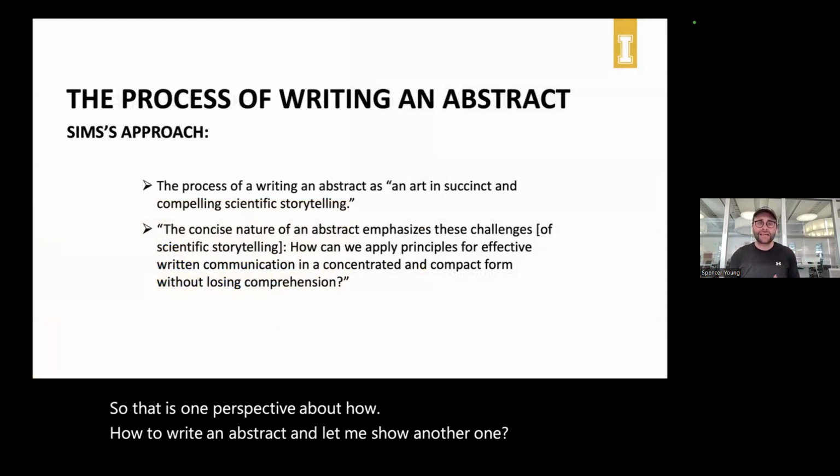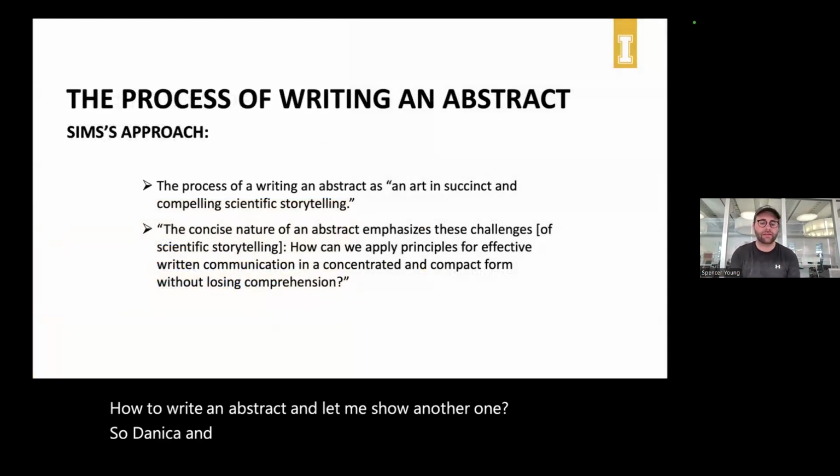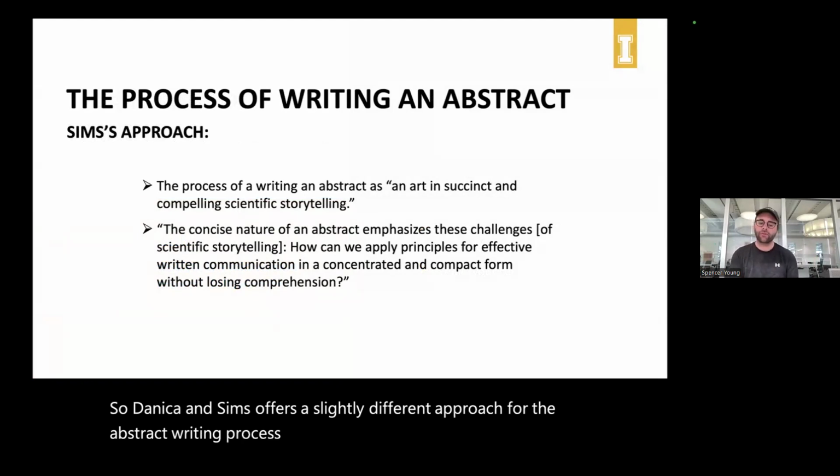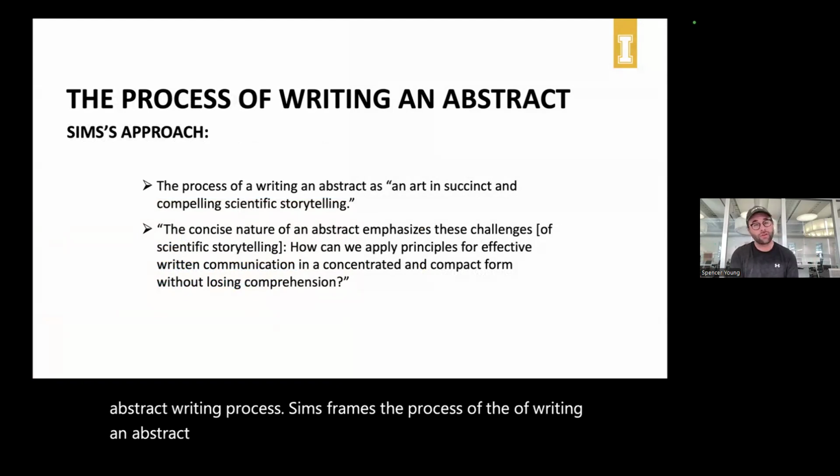So Danica Sims offers a slightly different approach for the abstract writing process. Sims frames the process of writing an abstract as an art in succinct and compelling scientific storytelling.